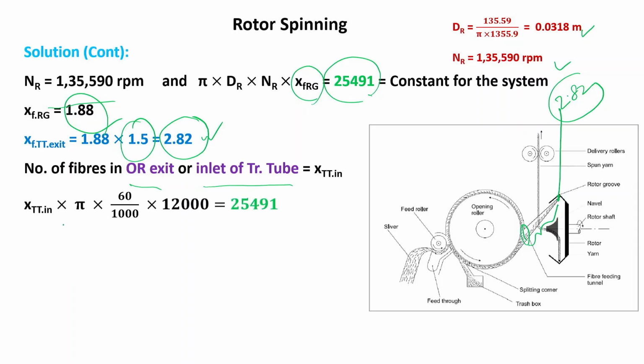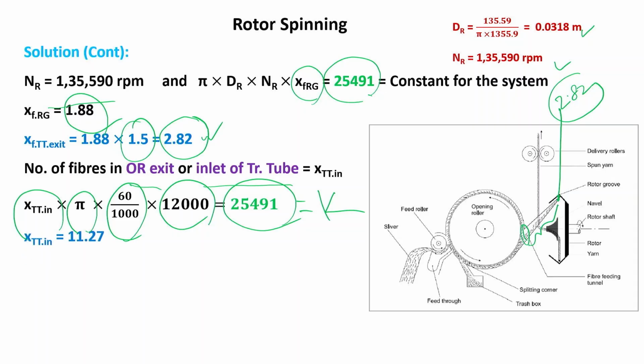So XTT in equals pi d for opening roller and n for opening roller, the speed of the opening roller, which are given, divided by the constant for the system. From there we can calculate the number of fibers at the opening roller exit or inlet of the tube.